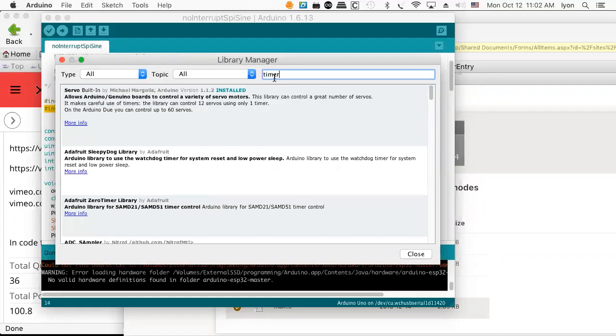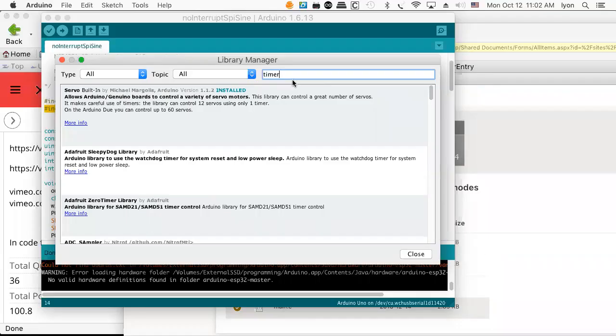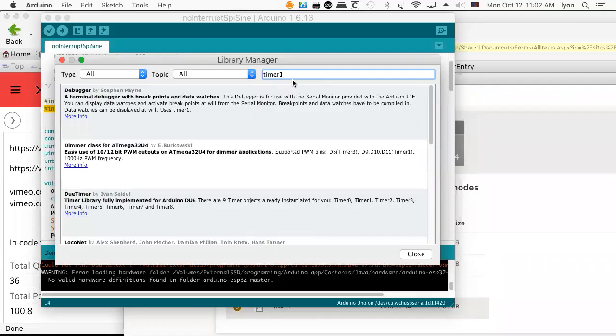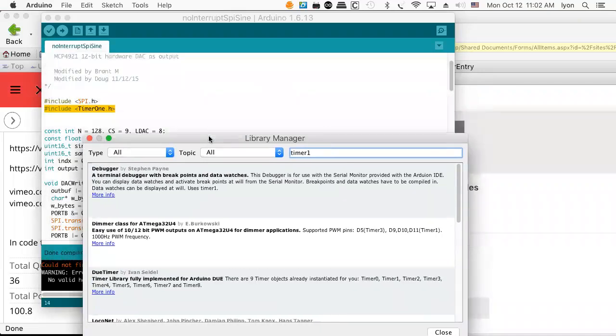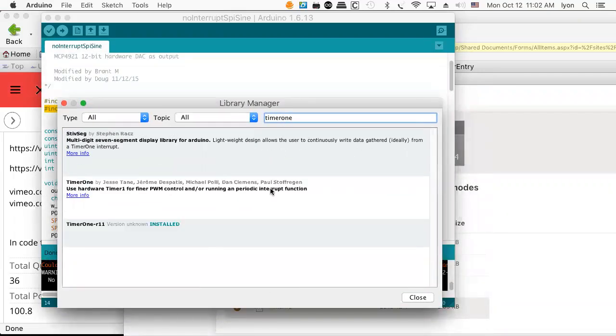Actually, maybe I should type in timer 1. Let me make sure I got the name right. Oh, got to spell it out. Timer 1, and there it is. So this is a timer 1 Rev 11 installed. Here's another timer 1. I'm using this one right now, timer 1 Rev 11. I don't know much about the other one.